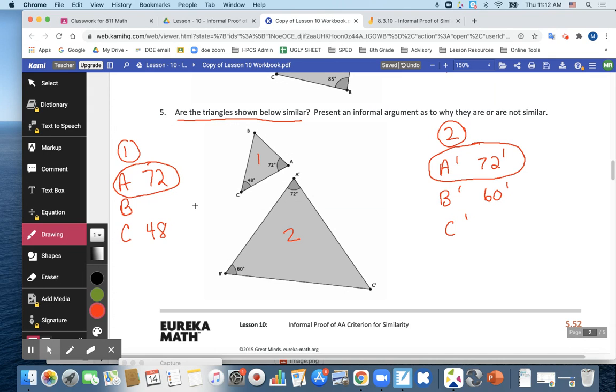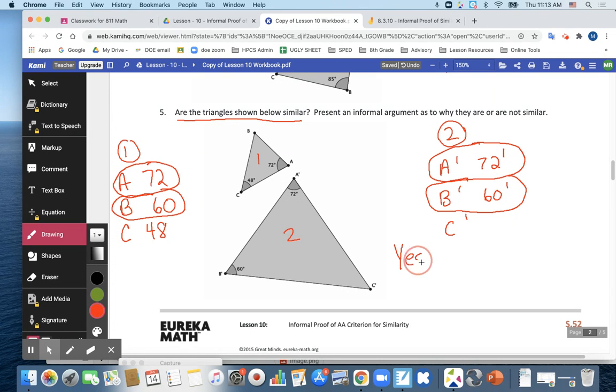So I'm going to add 72 plus 48. 72 plus 48 is 120. And then 180 minus 120 is 60. So B is equal to 60. All right, so I'm not going to even figure out the C prime angle because I can see now they have two pairs of angles that are congruent.